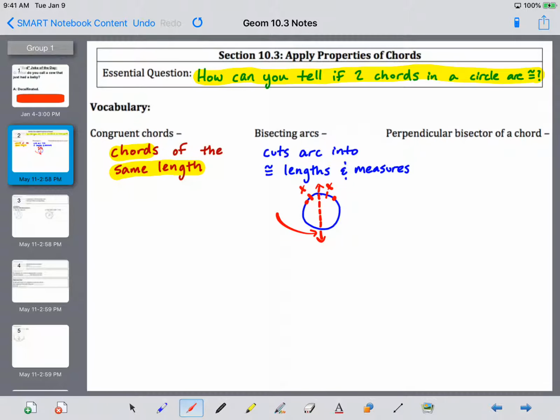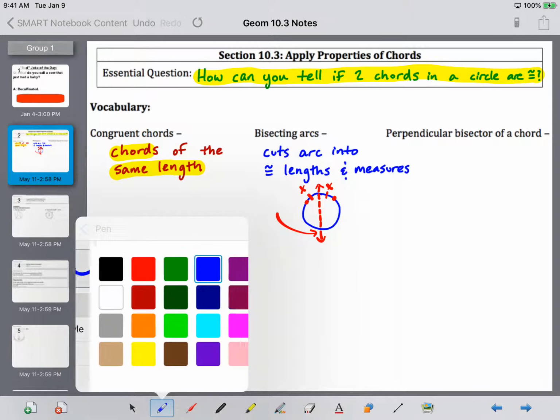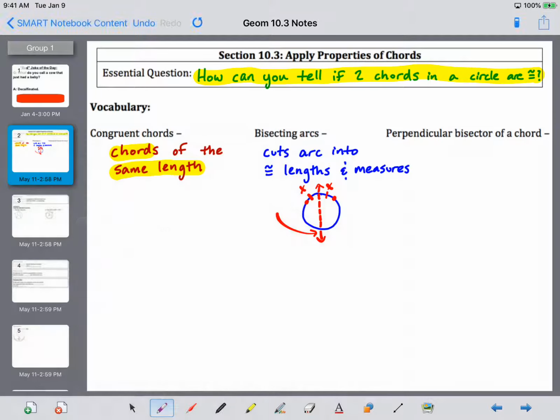All right, so the last definition, we're actually just going to draw a picture for this. So go ahead and draw a circle, and then in that circle somewhere draw a chord, which is just a segment where each endpoint is on the edge of the circle.